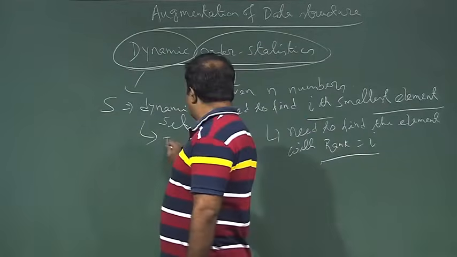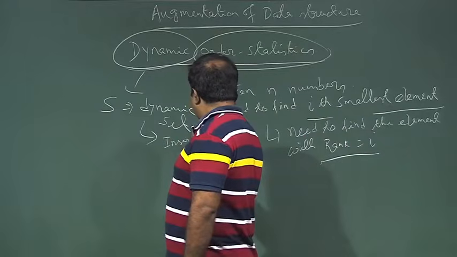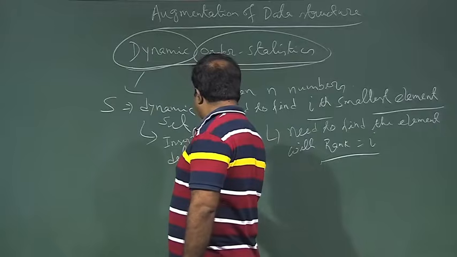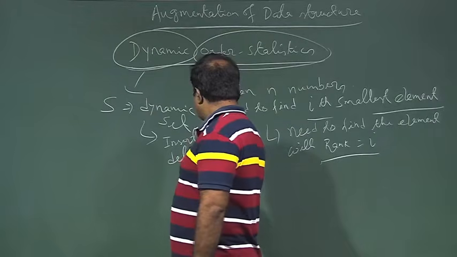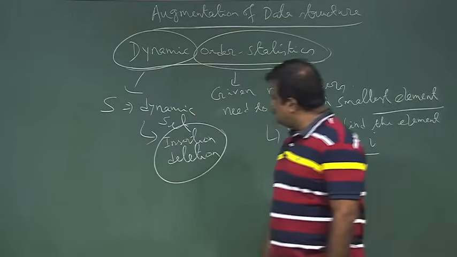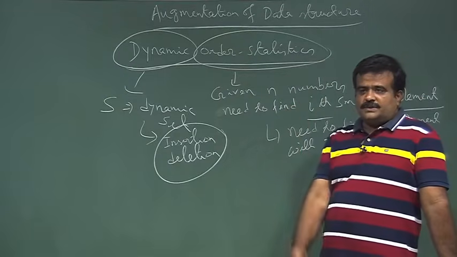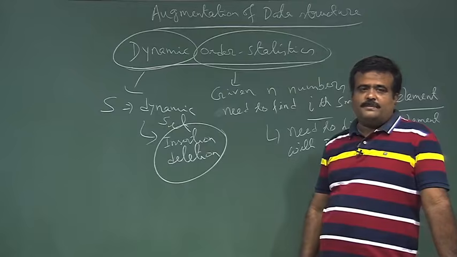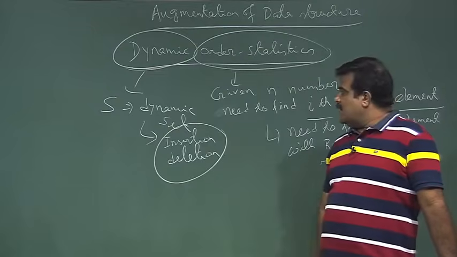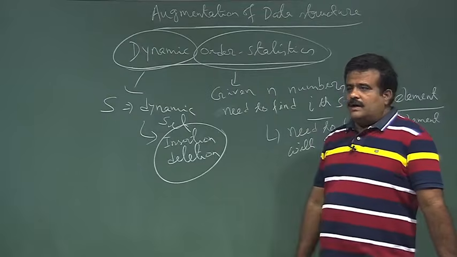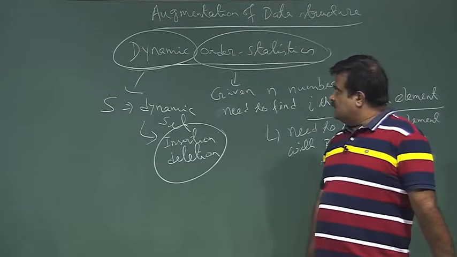So dynamic set means insertion and deletion are allowed. These two operations make a set dynamic. We are allowing anybody to leave this set at any point of time, that is deletion, and we are allowing an element to join this set, that is insertion. So this set is dynamic.